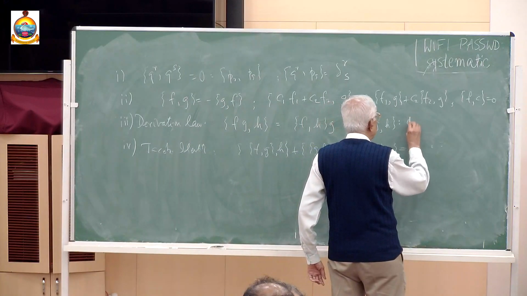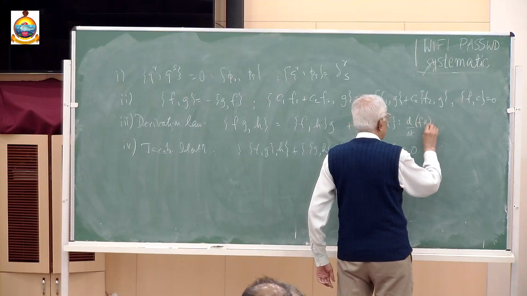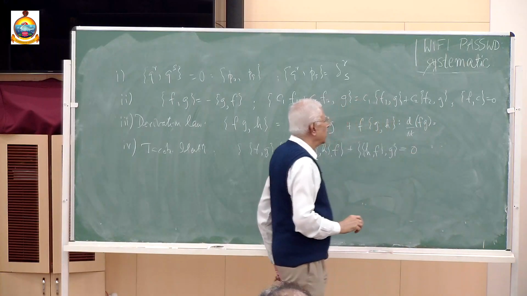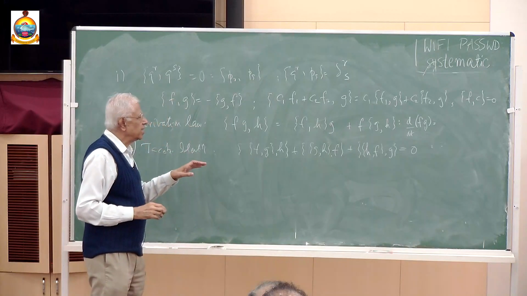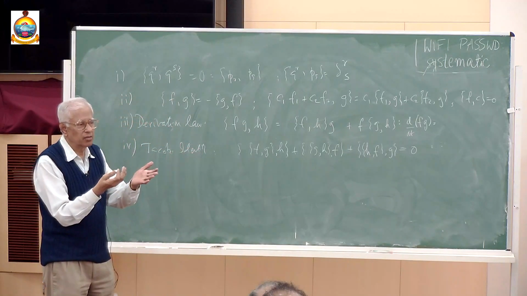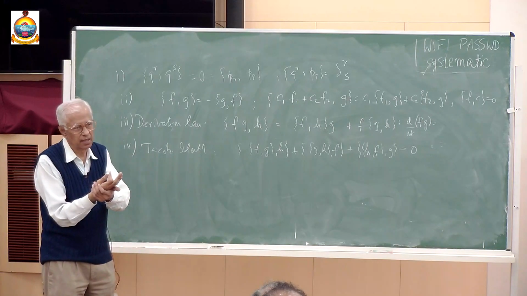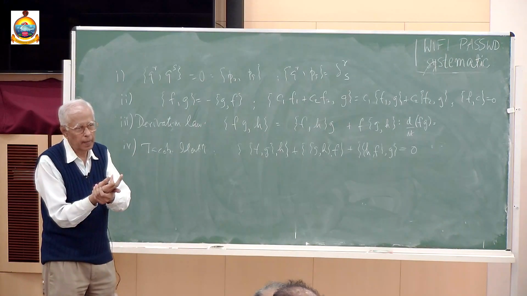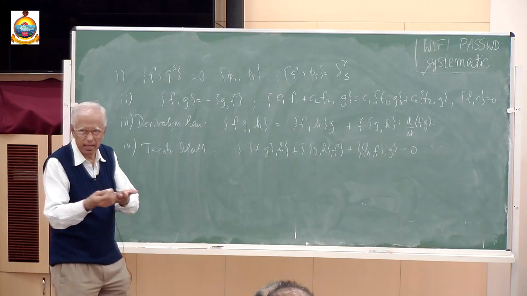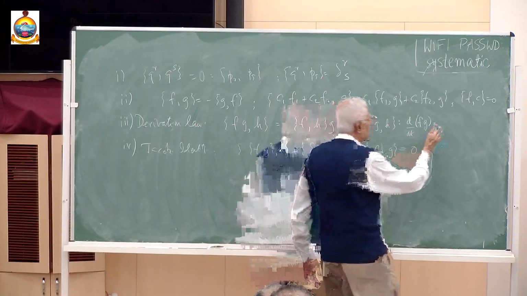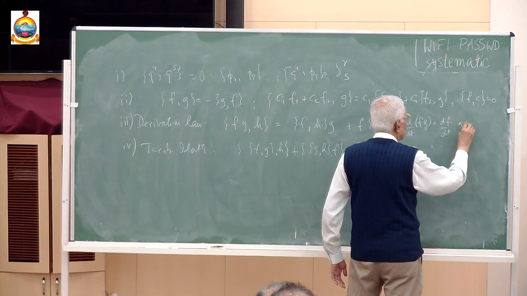The reason why we need the derivation law is because of the rate of change, the equation of motion for a product of two quantities. What is it? It's a sum of two terms. What's the first term? df by dt times g. And the second term, then the other one.